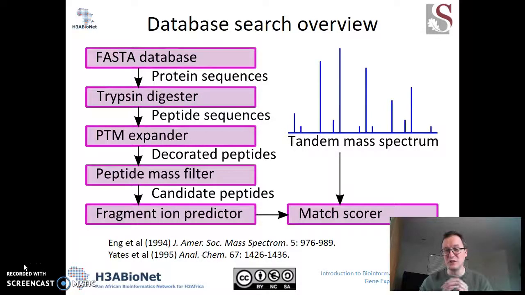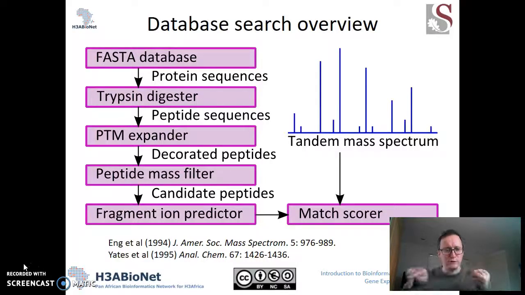Next, we're going to do something we call the PTM expansion. The user may have specified that particular post-translational modifications are possible. One of the most common ones that we look for, for example, is the oxidation of methionine. Methionine is just very prone to getting oxidized when you have a sample digested up. So we are going to consider the possibility for each amino acid that's modifiable that it is modified or it isn't modified.